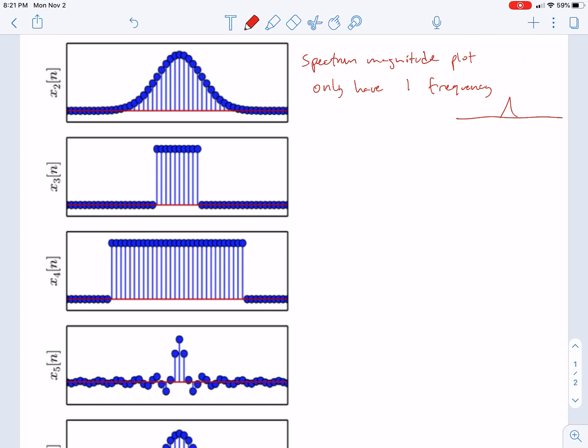Great. Looking at our next, x3 of n, what does this look like to you? This should remind you of a low-pass filter. Low-pass filters are essentially rectangular.